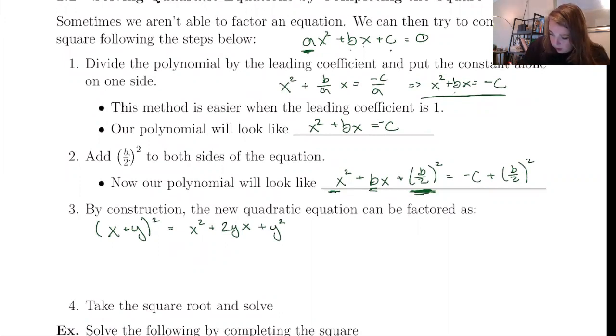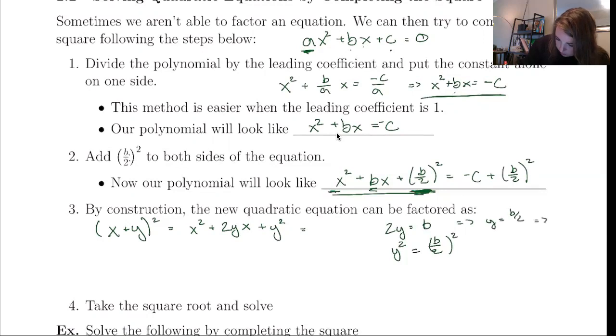Well, if I look at x squared plus bx plus b divided by 2 squared, what we have up here, that would say that 2y equals b, and y squared would be b divided by 2, that quantity squared. And you can see that because y equals b over 2.